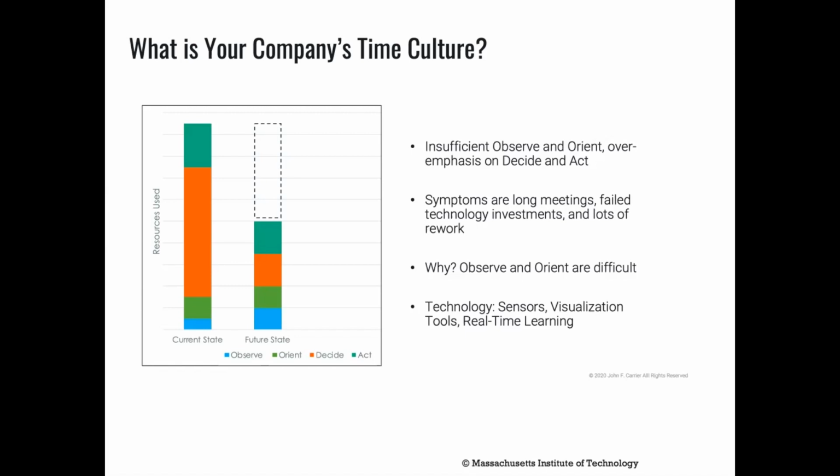That's its time constant. And we can take that system time constant and break it down into the 4 steps of the OODA loop. And in most traditional companies, on the left, not a lot of time is spent in observation and not a lot of time spent in orientation.